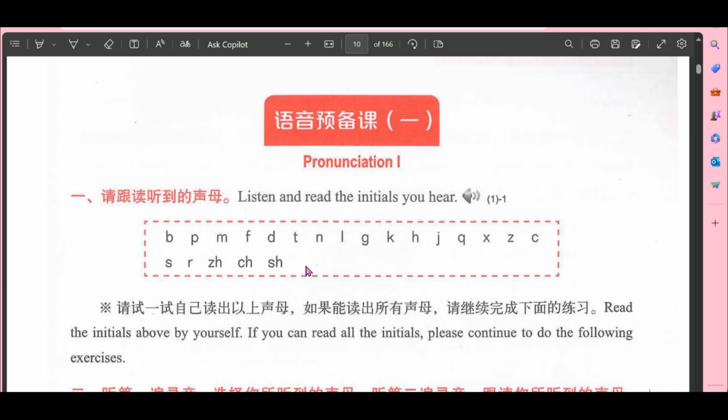Okay, hopefully this time your pronunciation was a bit better.